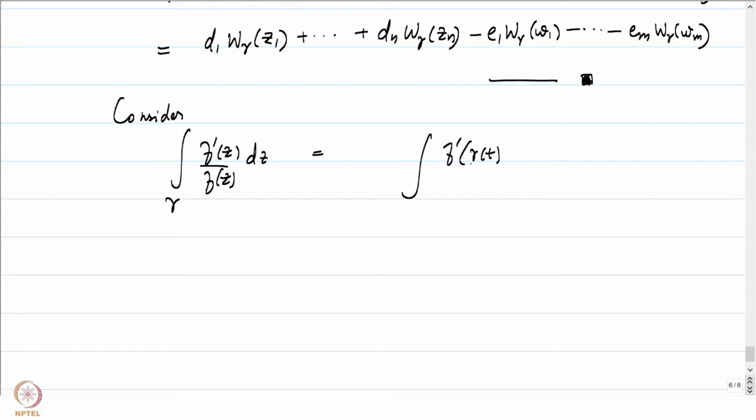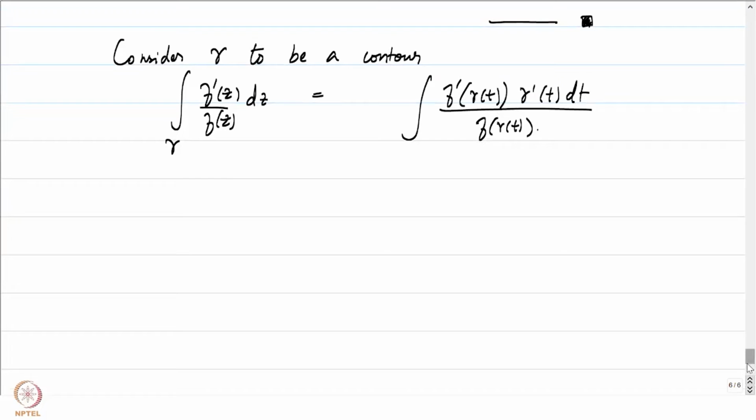So, if gamma is defined from a to b, consider gamma to be a contour, a piecewise smooth curve, then it is the integral of f prime of gamma of t, gamma prime of t dt by f of gamma of t. And by the chain rule, this is just equal to the integral of f composed with gamma prime of t dt by f composed with gamma of t.